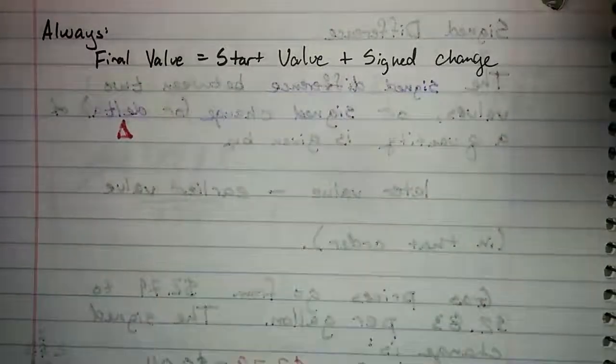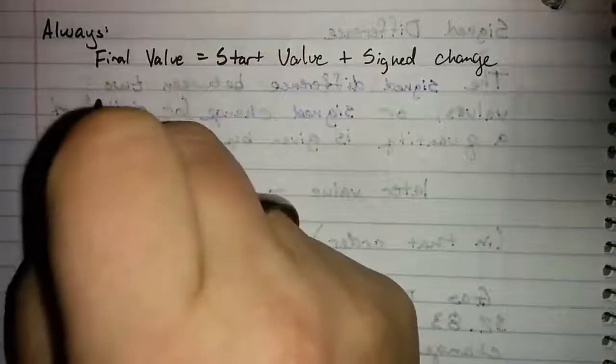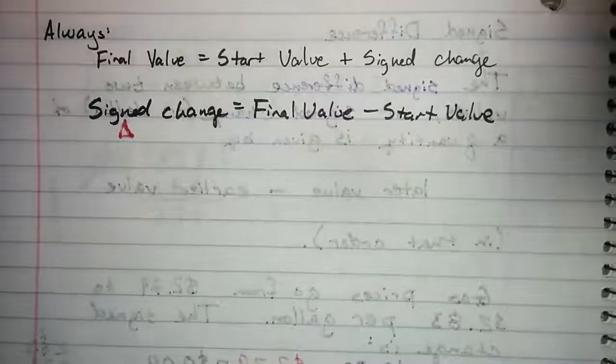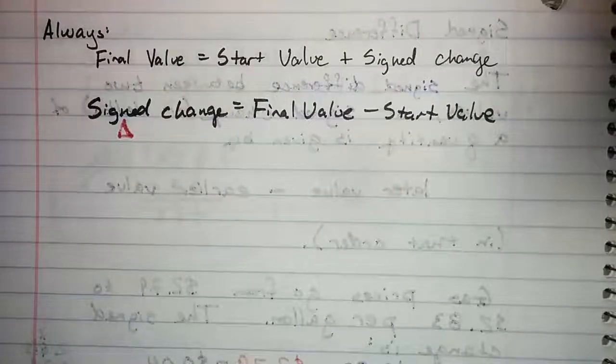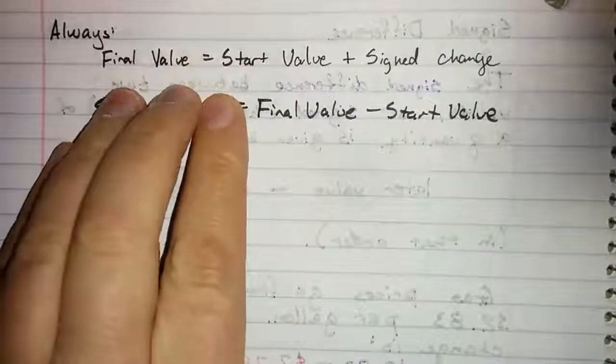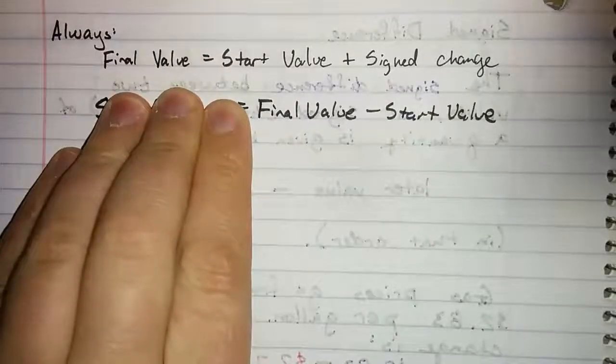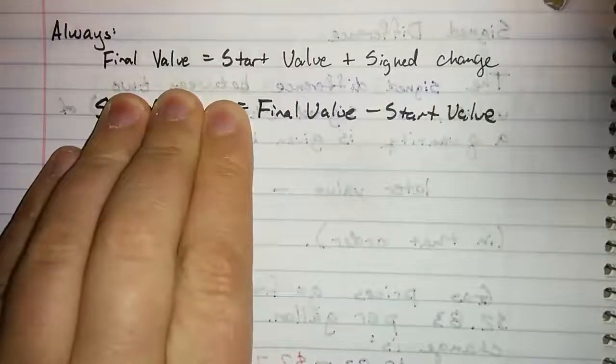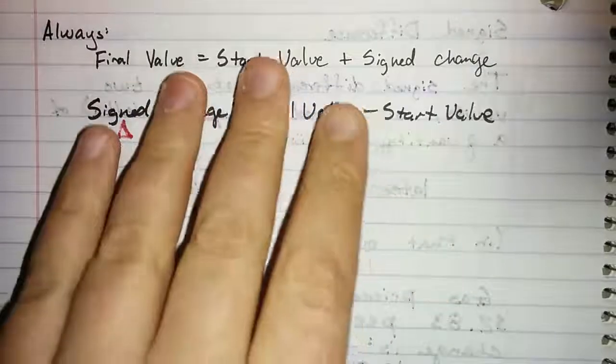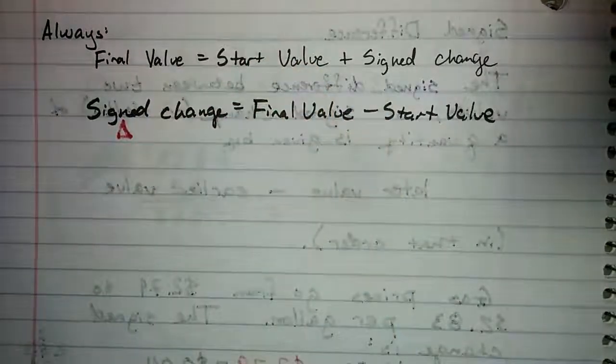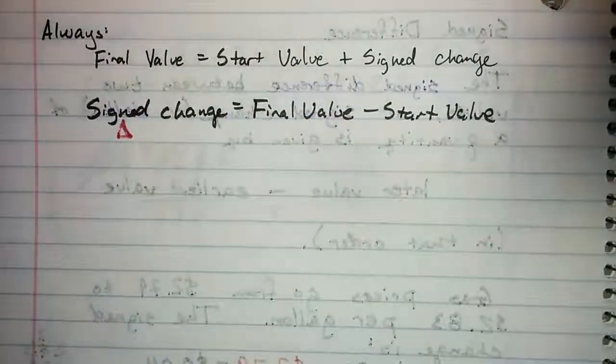Notice that this really encodes the same fact as the signed change equals the final value minus the start value. This question asks, what do I need to add to my starting value in order to get the final value? This is just what subtraction means, these two sentences being equivalent. But this is kind of cool, right? Because then I don't have to do all of that fuzzy if stuff.